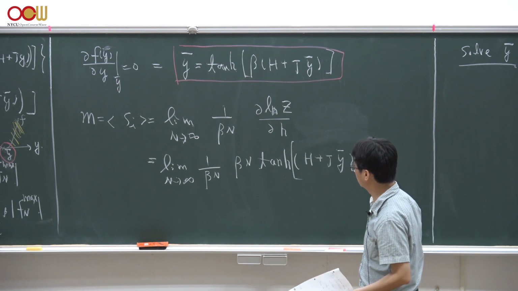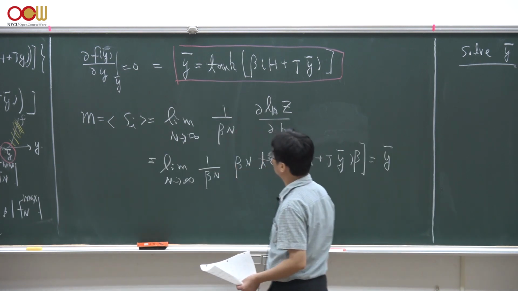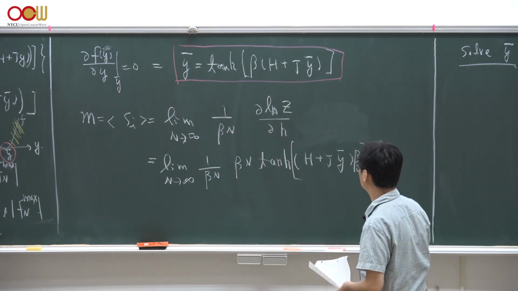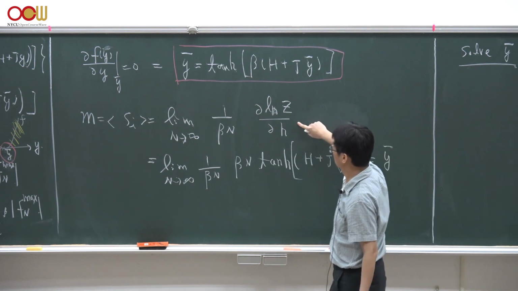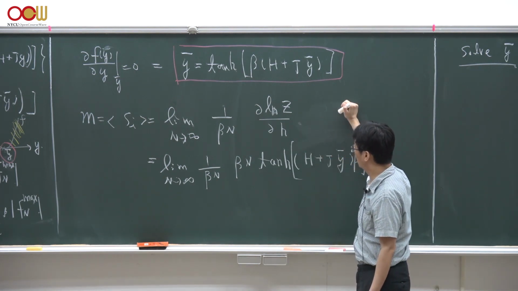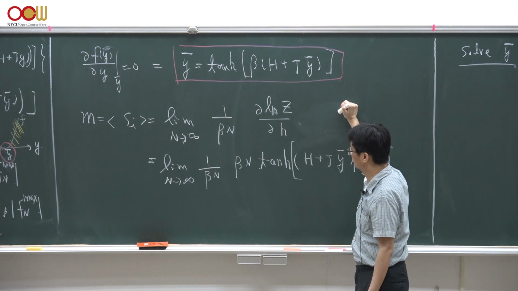The single spin expectation value over the entire lattice is given by the derivative of log Z with respect to h, where h is the dimensionless field, divided by beta times n.